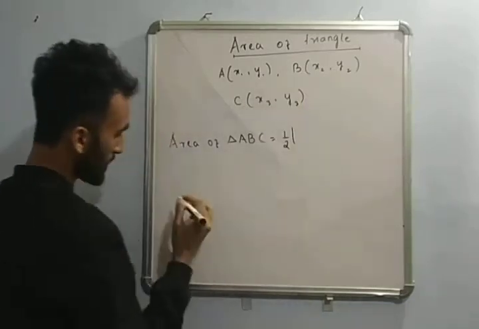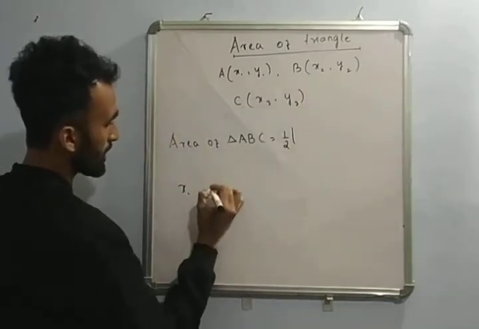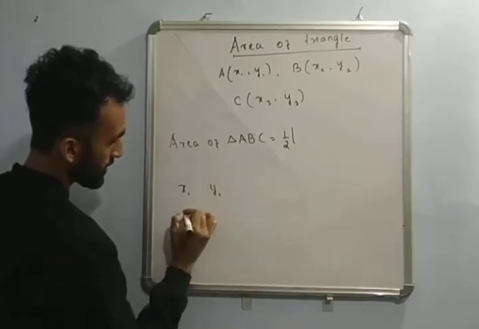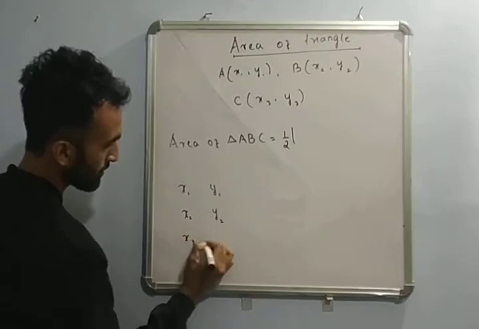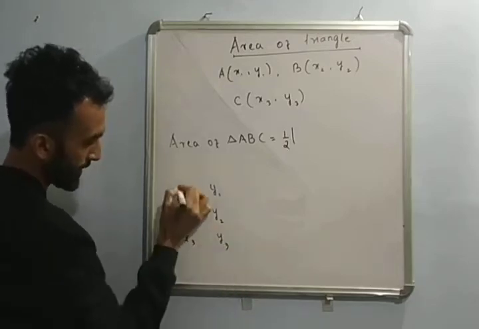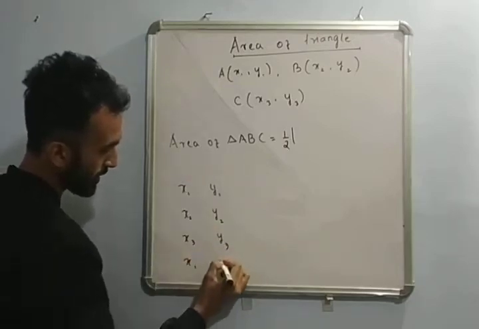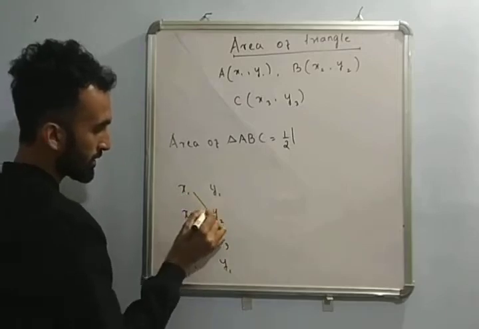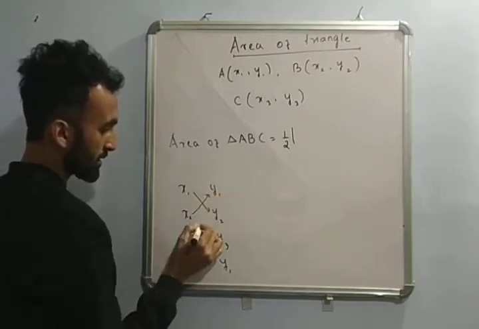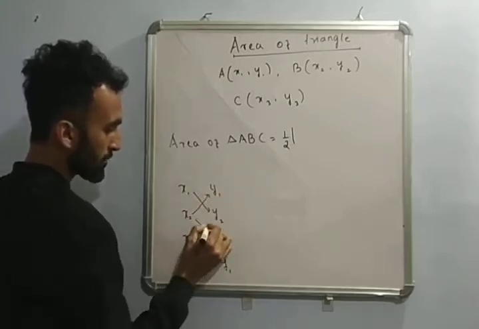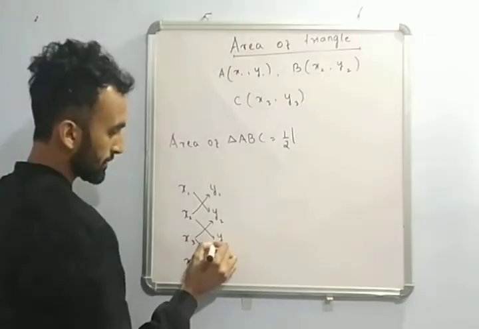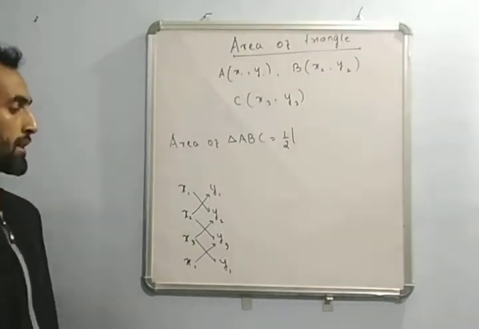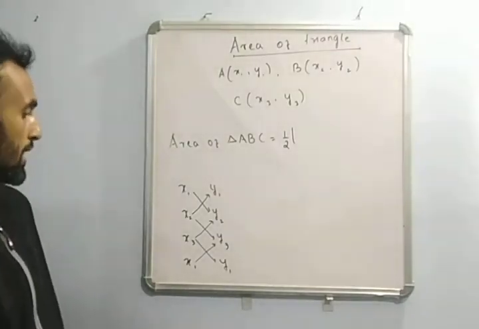What you have to do, I already gave you the clue also here: x1, y1, x2, y2, x3, y3, and then write down the first one again, x1, y1. Cross this, subtract the cross of this, and so on for each pair.